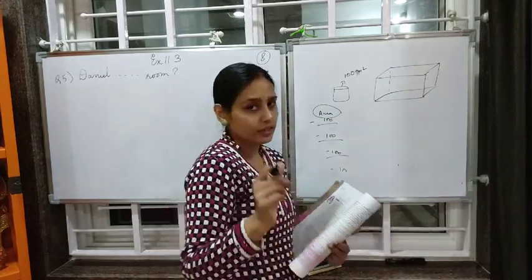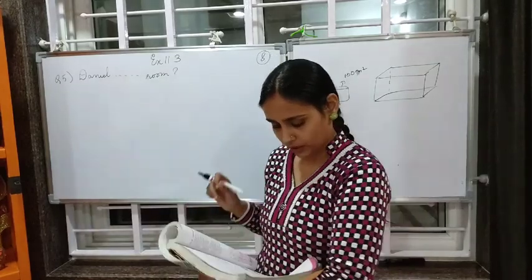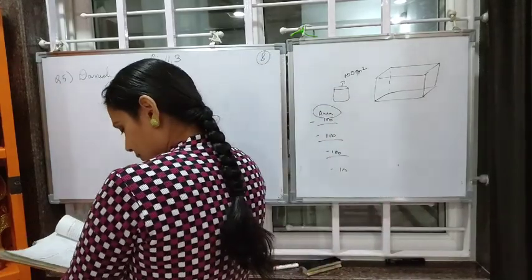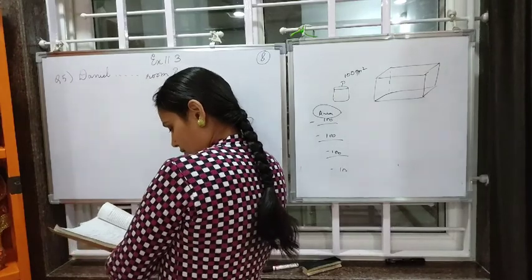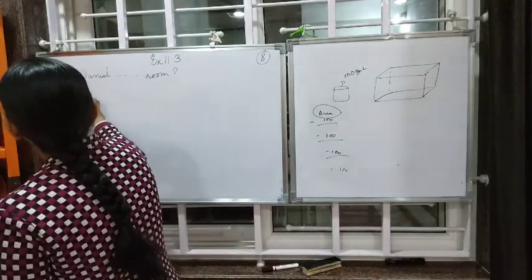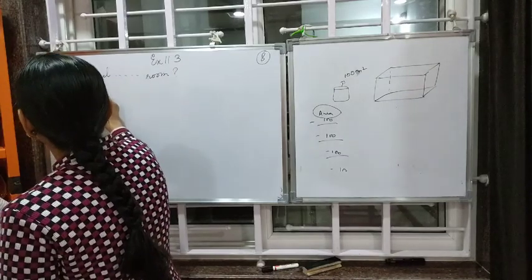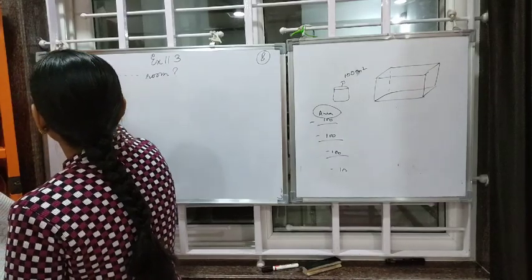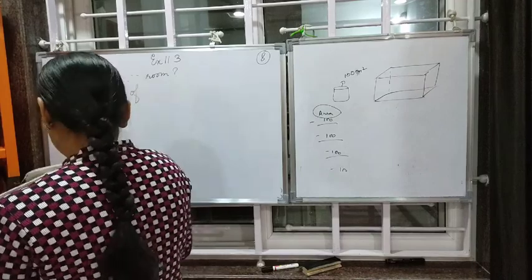Okay. So let's write the dimensions of the hall. What are the dimensions of the hall? Length, breadth and height is given. So the first thing given, we are going to write that. Dimensions of the hall, 1 minute children.